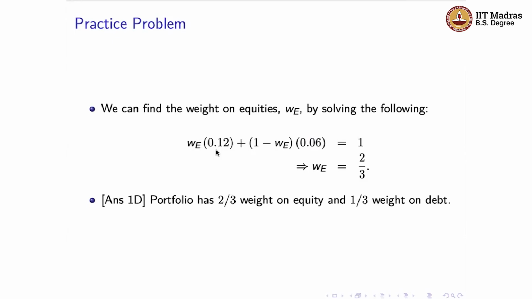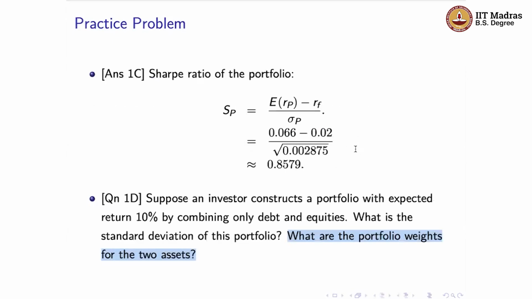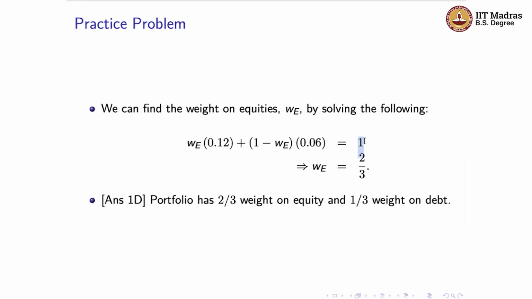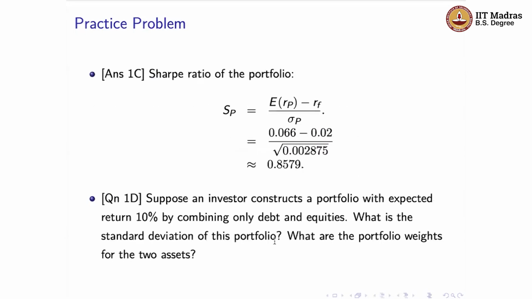Then you get WE times 0.12 plus 1 minus WE times 0.106 equal to the 10% that you want here. So there's a typo here. This should be 10%, so that means 0.1. If you now do the calculation, you end up getting that WE is equal to 2/3. Okay, so that answers this question, what are the portfolio weights for these two assets.